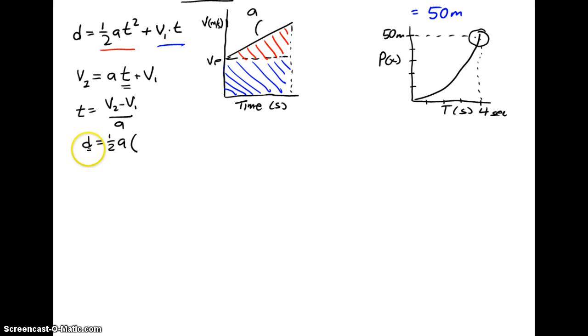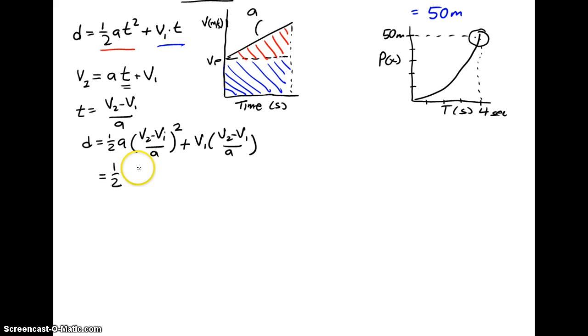So my displacement is equal to 1/2 times acceleration times time, which I now know is v2 minus v1 over a, squared, plus v1 times v2 minus v1 over a. Whoops, notice my squared here. I forgot that the first time. Okay, I'm going to start simplifying equations.